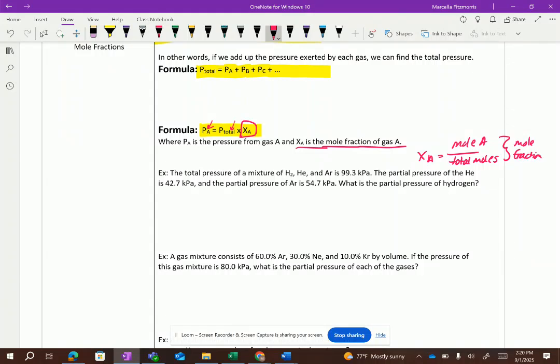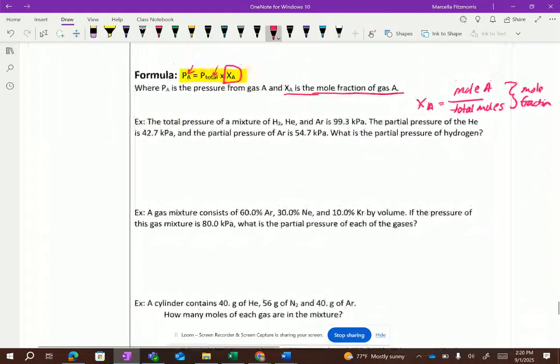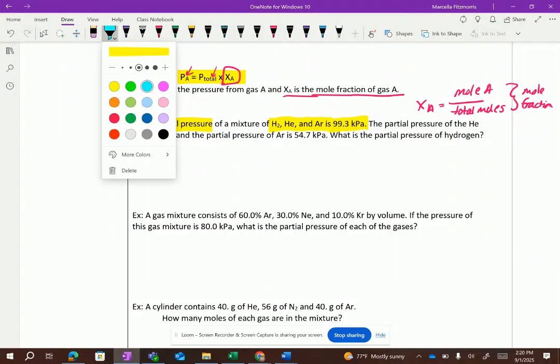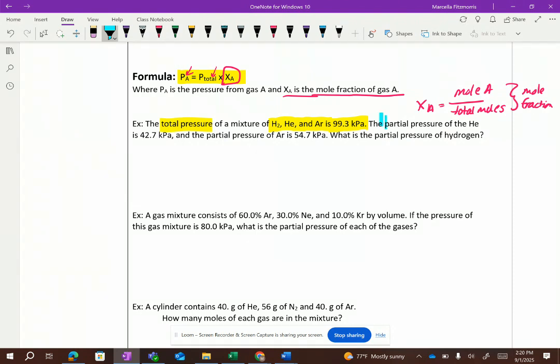The P of the total is going to equal the partial pressure of H2 plus the partial pressure of He plus the partial pressure of Ar. Whoops, I almost made a bad mistake. That's not supposed to be capital. There we go. Okay, that's better. So A, B, and C just represent the gases that you're using this time.